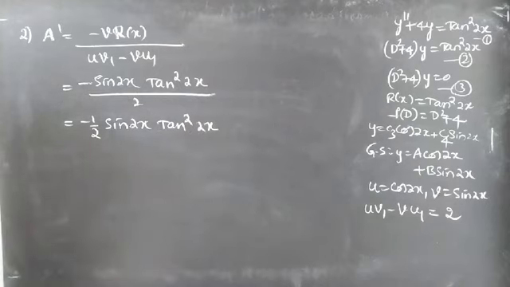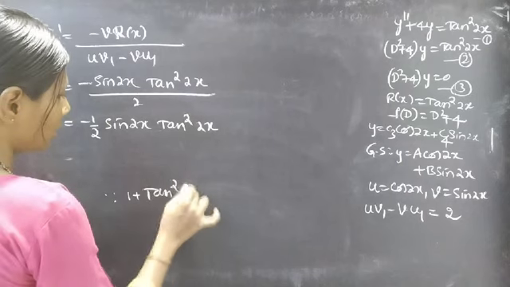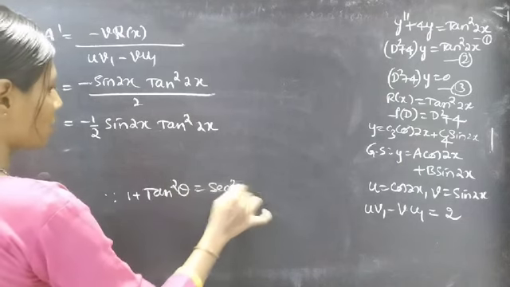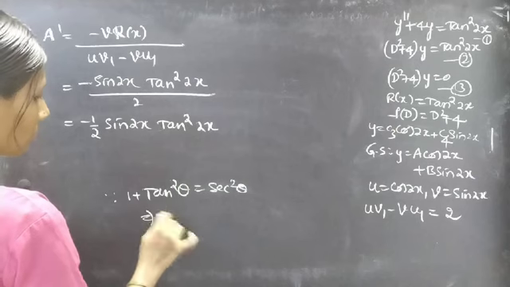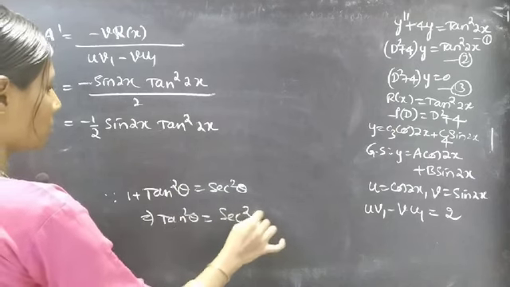Okay, let's replace tan square 2x, since we know that 1 plus tan square theta equal to secant square theta. From this we'll get tan square theta equal to secant square theta minus 1.